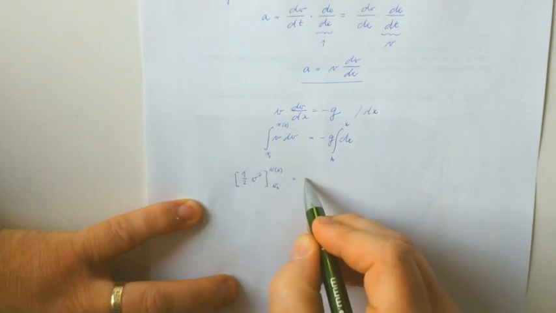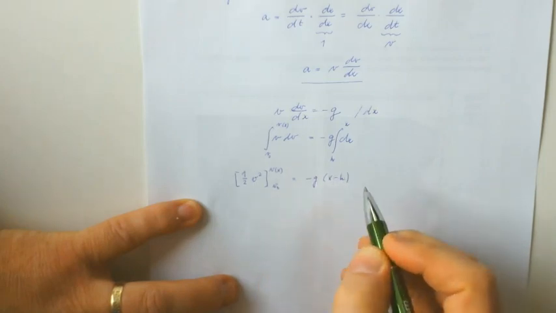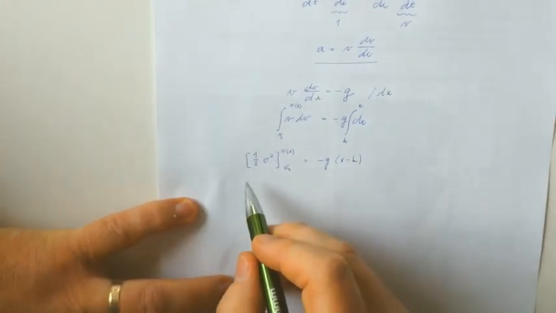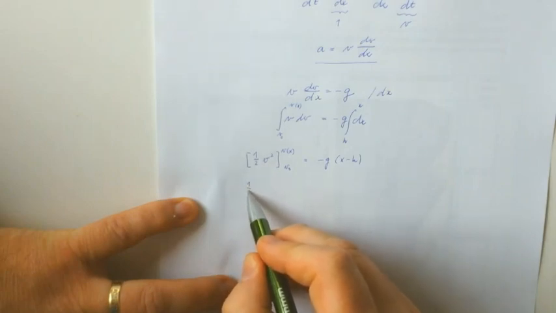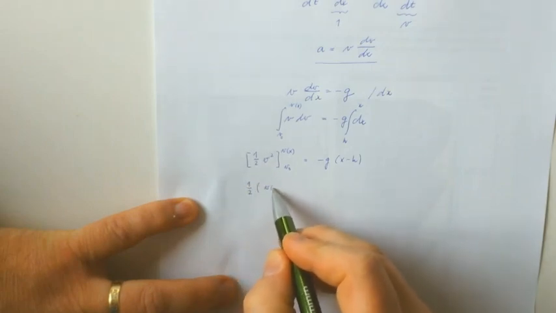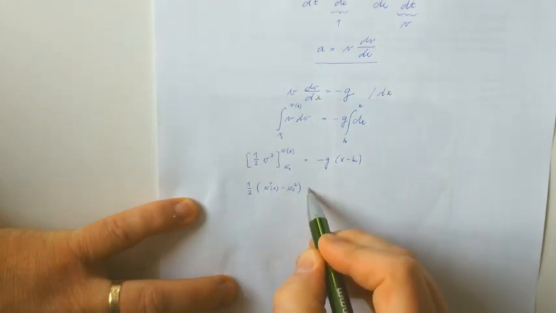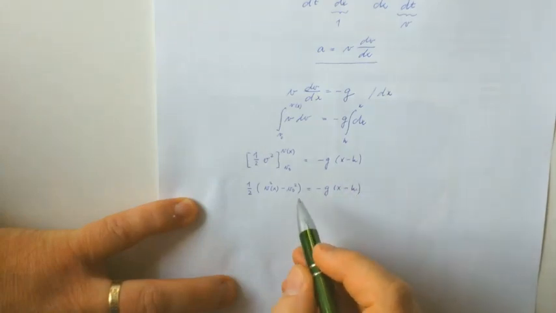It is equal minus g times x minus h. So here we have a half of vx square minus v0 square is equal minus g times x minus h.